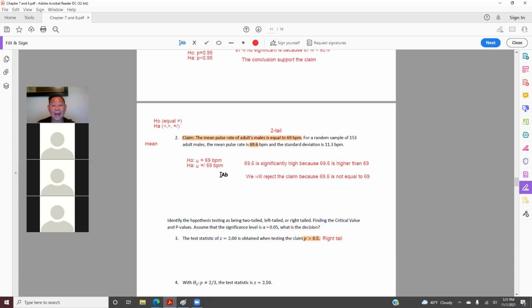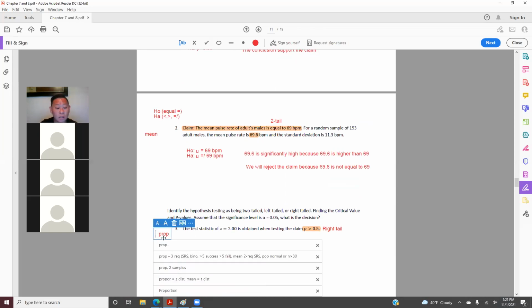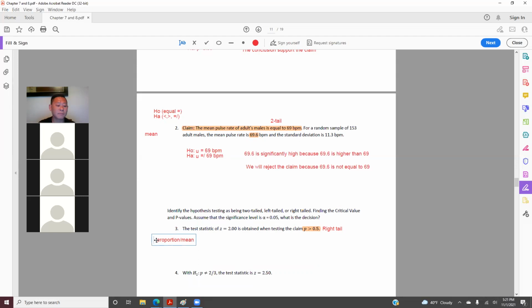So now we look at your table upstairs. First tell me, is this proportion or is this mean? Which one is this one? Proportion or mean? Grace?